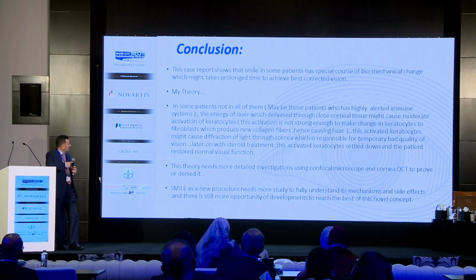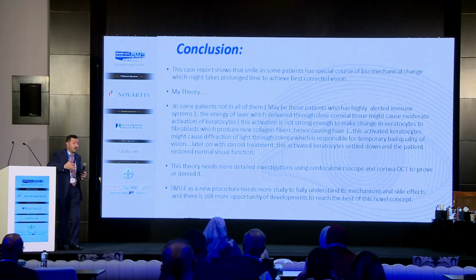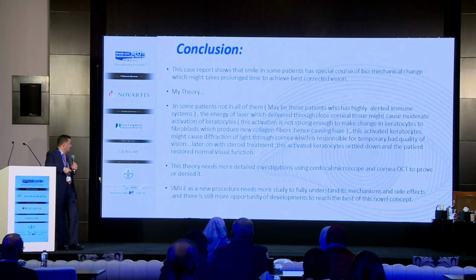And later on, I came across some studies published, I think by Professor Dua, showing under the corneal confocal microscope that this activated keratocyte looks a little bit shiny, and it causes more diffraction of the light in the stroma. Although we are not seeing the haze, or a real significant morphological change in the cornea, it does have an effect on the end result. And it takes some time to settle down, and the vision will recover later on.